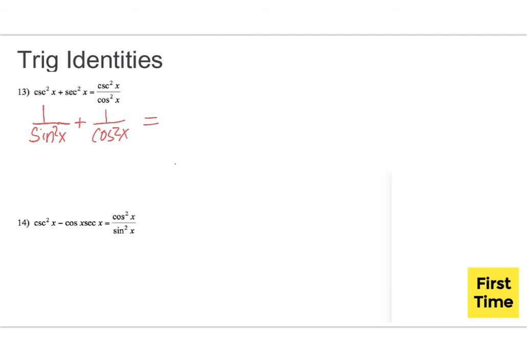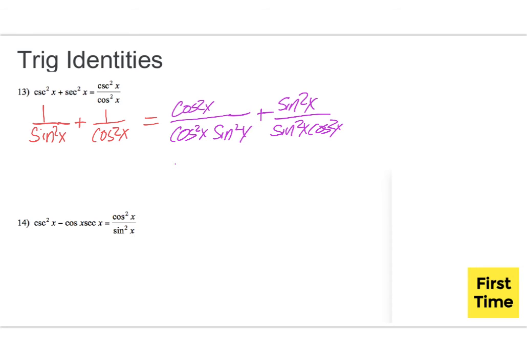I've got to find some common denominators, so that would end up being cosine squared x over cosine squared x sine squared x plus sine squared x over sine squared x cosine squared x. I multiplied each of those by the opposite denominator, and that gives me cosine squared plus sine squared on top. That should be a nice sign for you. And cosine squared x sine squared x on the bottom.